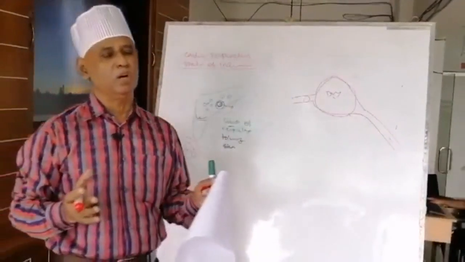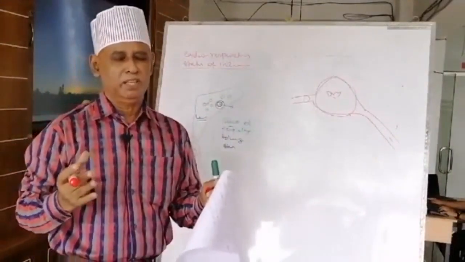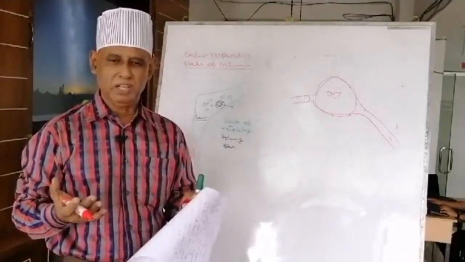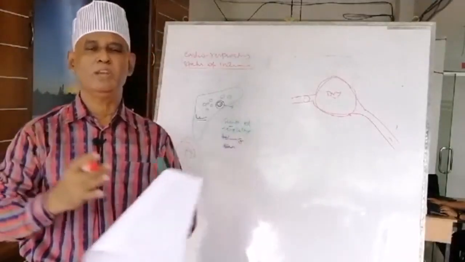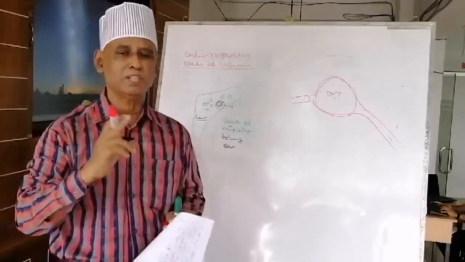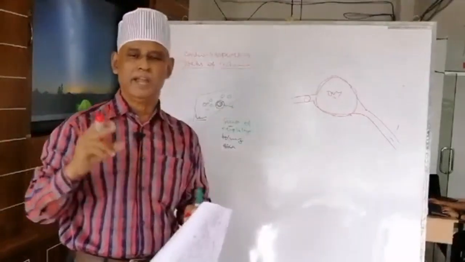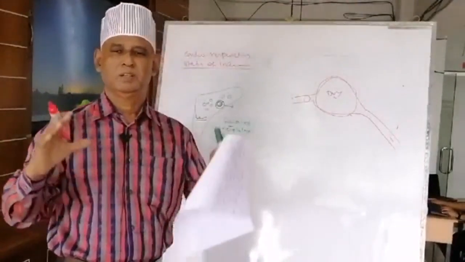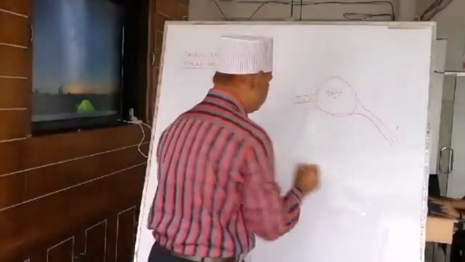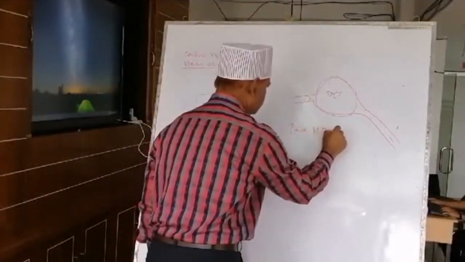Edema is the excess accumulation of fluid in interstitial space or in serous cavity. There are so many causes of edema. One important cause is increased vascular permeability. Another is increased hydrostatic pressure in blood.